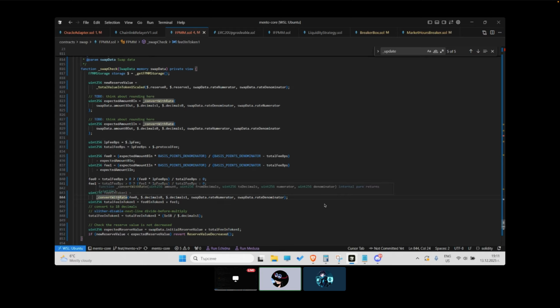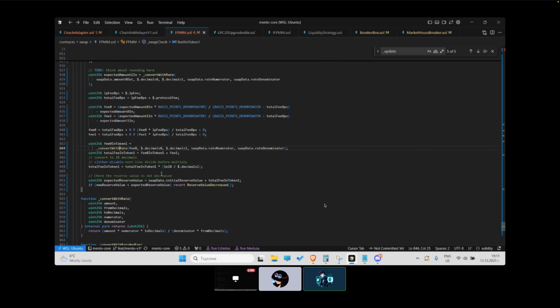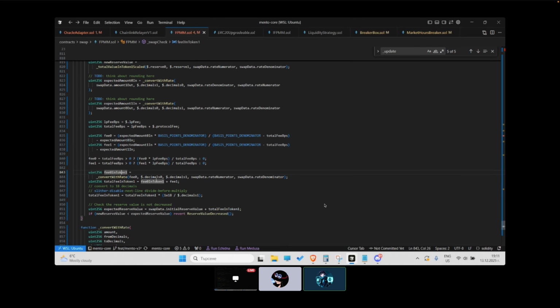Can I check this function? They just switch to the other token, right? Yeah, I was wondering why are they calculating fees here? So they charge the fee. Look, they get fee 0 and fee 1 from it.